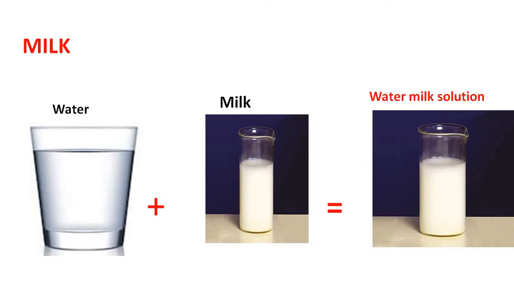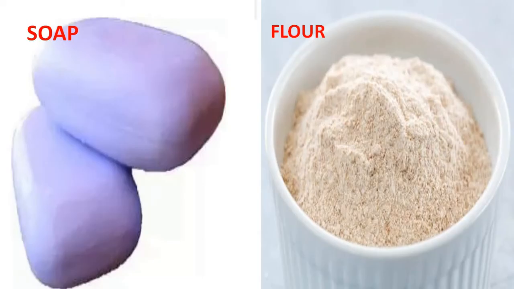Milk. When you take a glass of water and add some amount of milk in it, milk dissolves into the water. So, milk is a soluble substance. Some other examples of soluble substances are soap, flour, etc.